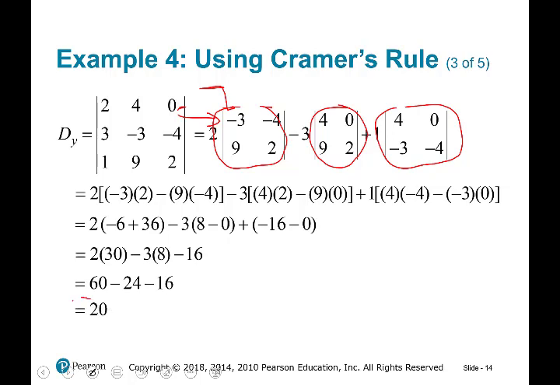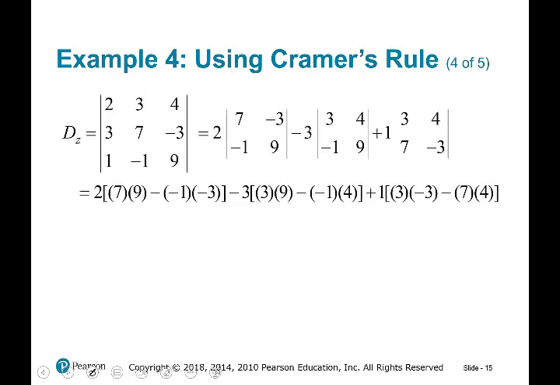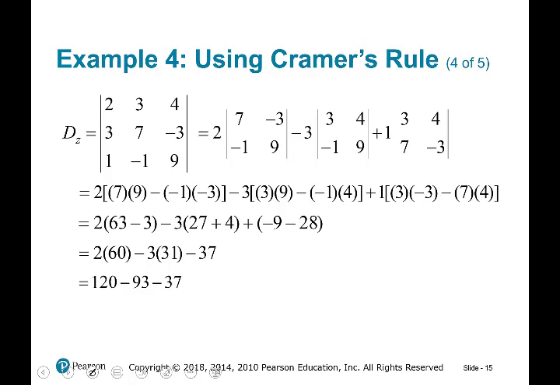You get the value. Okay, so now once you have, and then you do the same for dz, right? So see if you can set up the values and do that calculation.